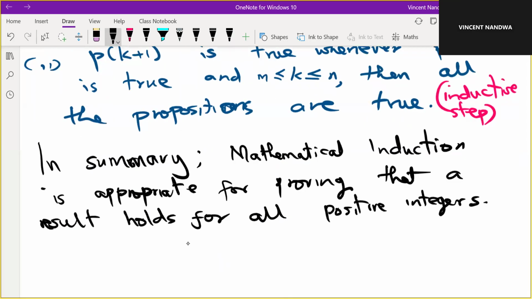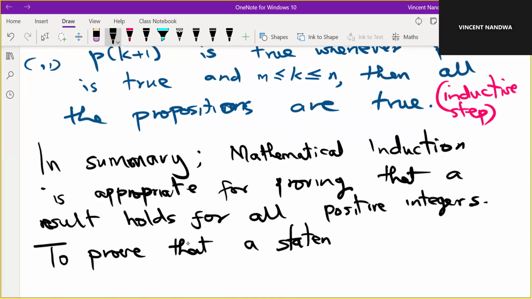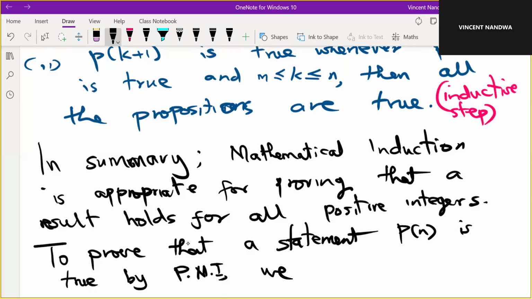So to prove that a statement P of n is true by the principle of mathematical induction, we follow the following steps.